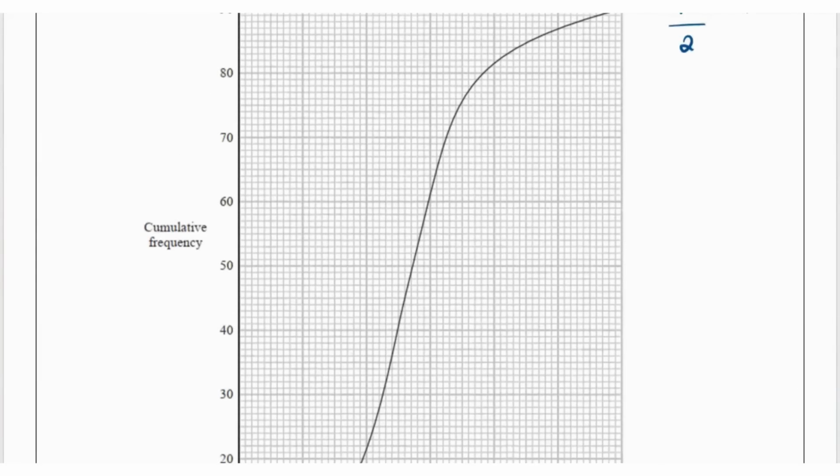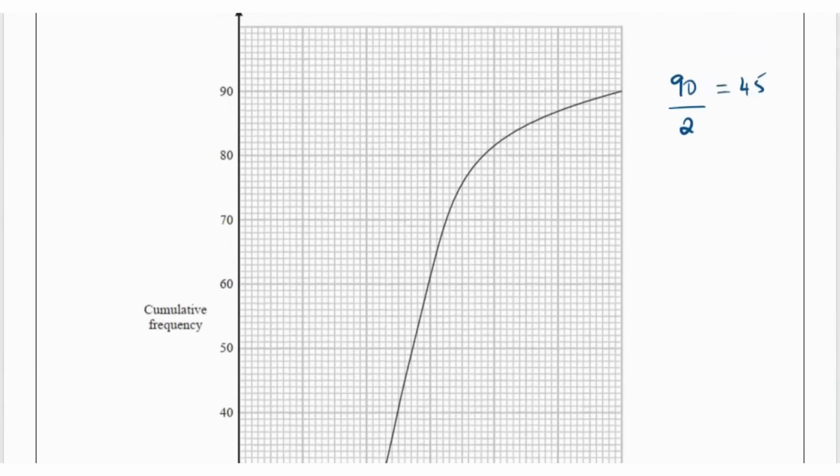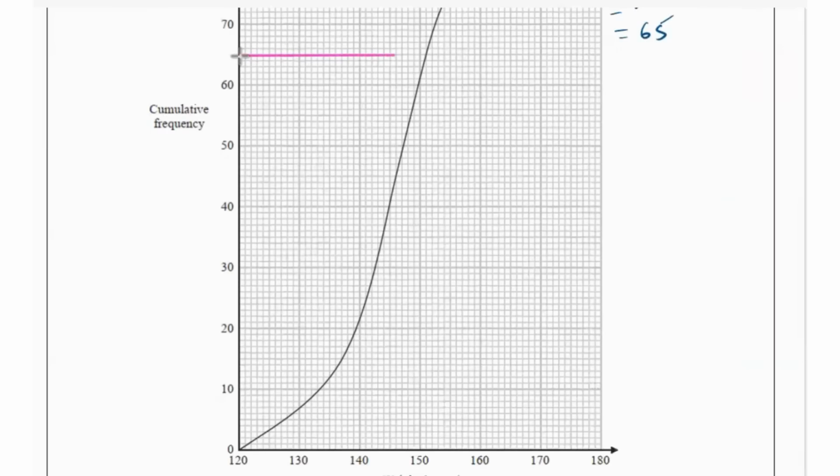So we'll go back to our graph. It was greater than d grams. So we do 90 minus 25 first, which gives us 65. So we draw a line at 65, and that's 151.